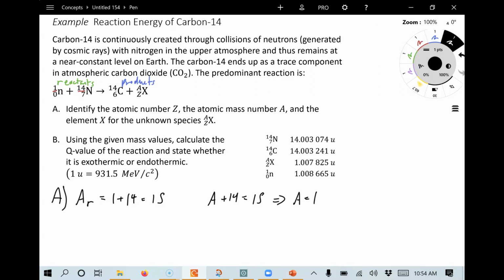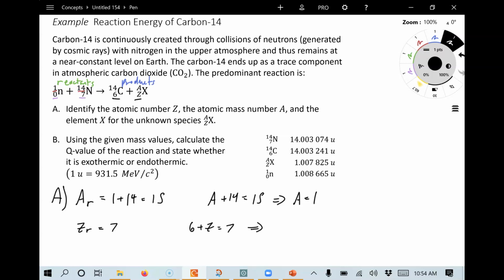is equal to 1. Similarly, we can look at the net charge in the nucleus. The lower number is the number of protons. We can see that there's 7 total in the reactants, and so for the products, when we add these up, we're also going to need to get 7. So 6 plus Z equals 7.